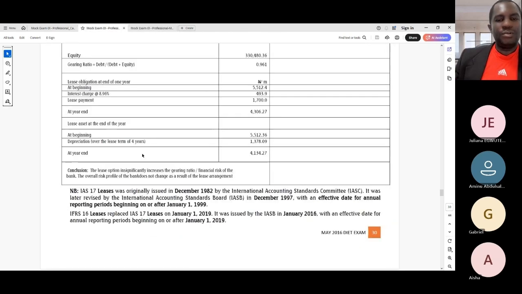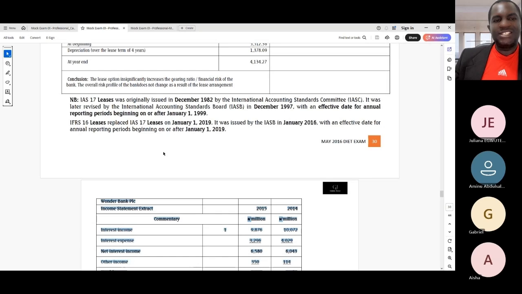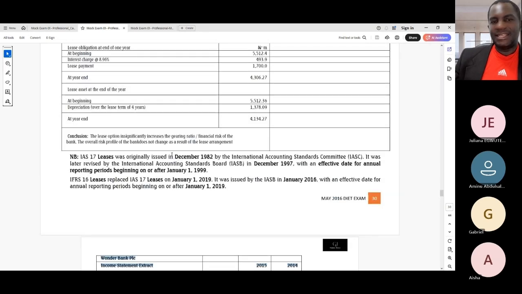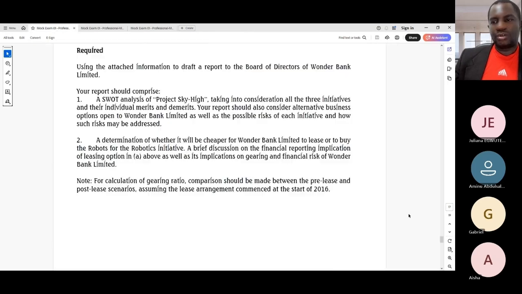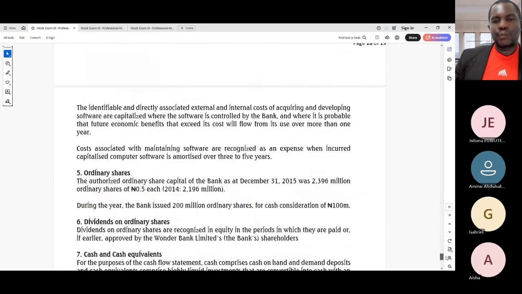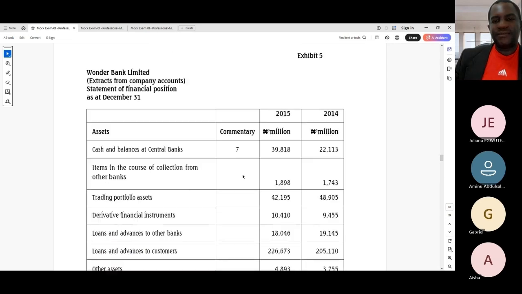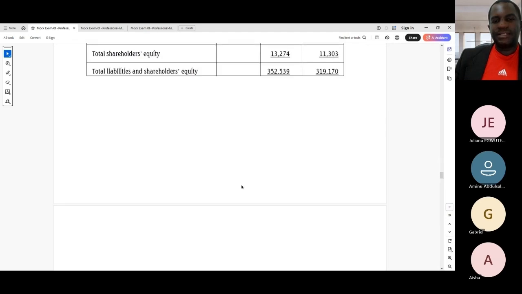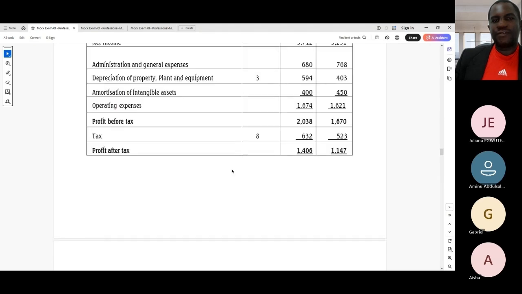So now, having done this computation, the financial statement was provided again. Why was it provided? Because there was no significant difference in the gearing ratio, and that's why it didn't impact the figures. So the financial statements that were provided in the question, in the pre-seen, exhibit 5, we have the income statement, and exhibit 4 is the statement of financial position.